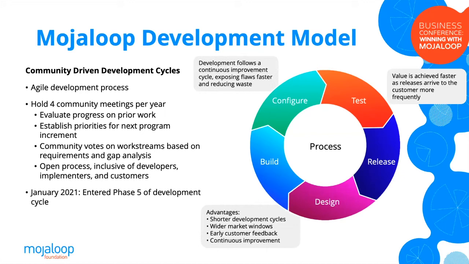And it's a very open process. It's inclusive of developers, implementers, customers. Anyone is welcome to our community meetings. And if you are interested, we will be happy to register you for the October event once registration opens. Come for the whole week, come for a few sessions. But again, it's an open process. Next slide.